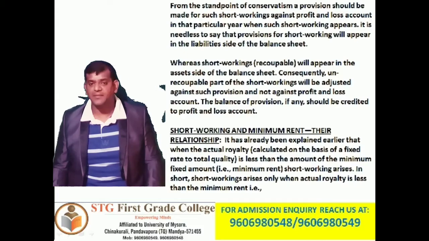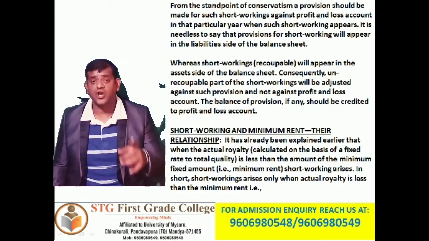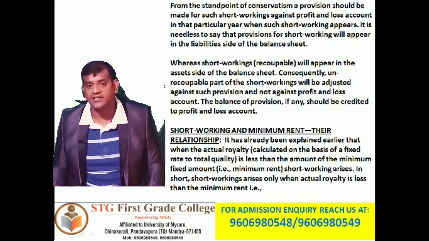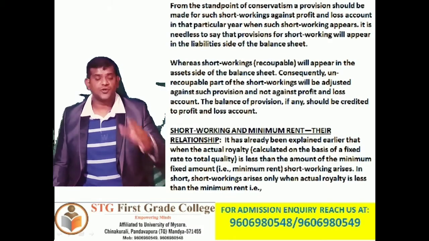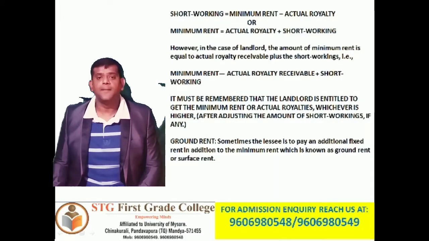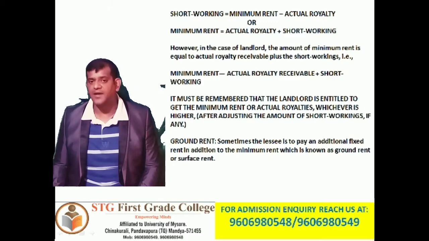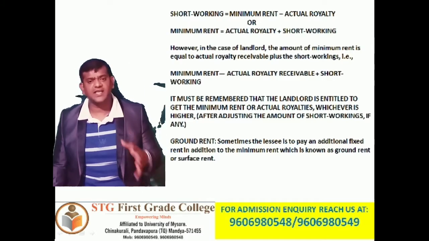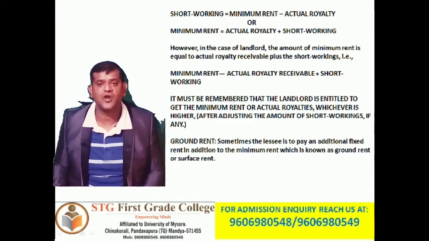Short working arises only when actual royalty is less than the minimum rent. So we have a formula for the same: short working equals minimum rent minus actual royalty, or you can say minimum rent equals actual royalty plus short working.